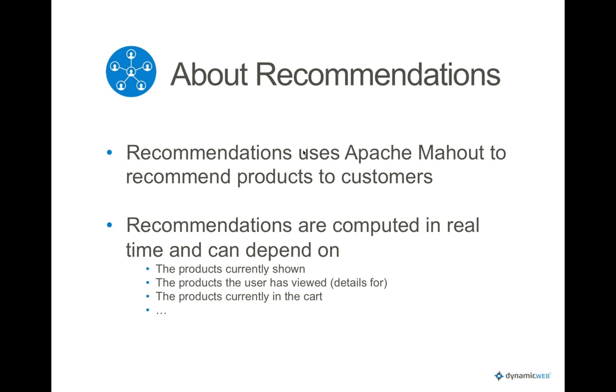And as we will see in a few minutes, the recommendations that we show can depend on a number of things, a context basically. It can be the products that a user is currently viewing, it can be the products that a user has viewed, or products in the cart, and so on.